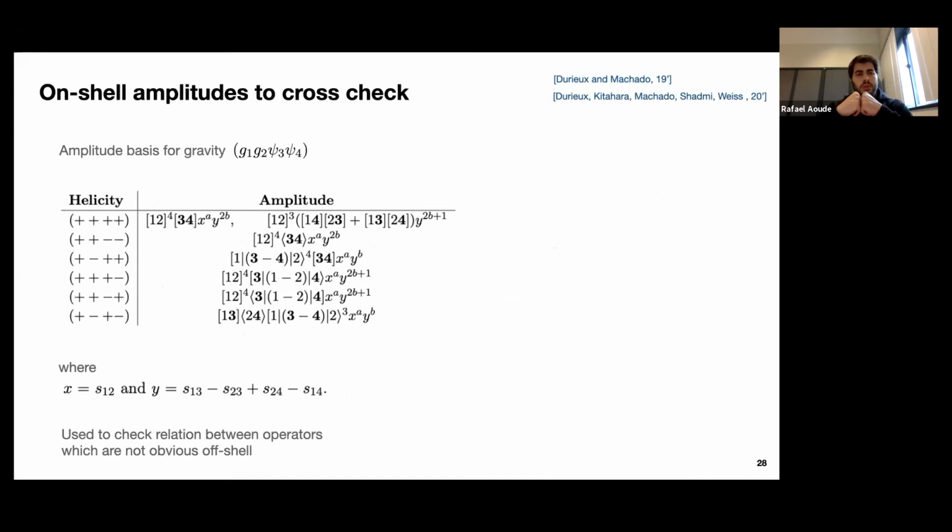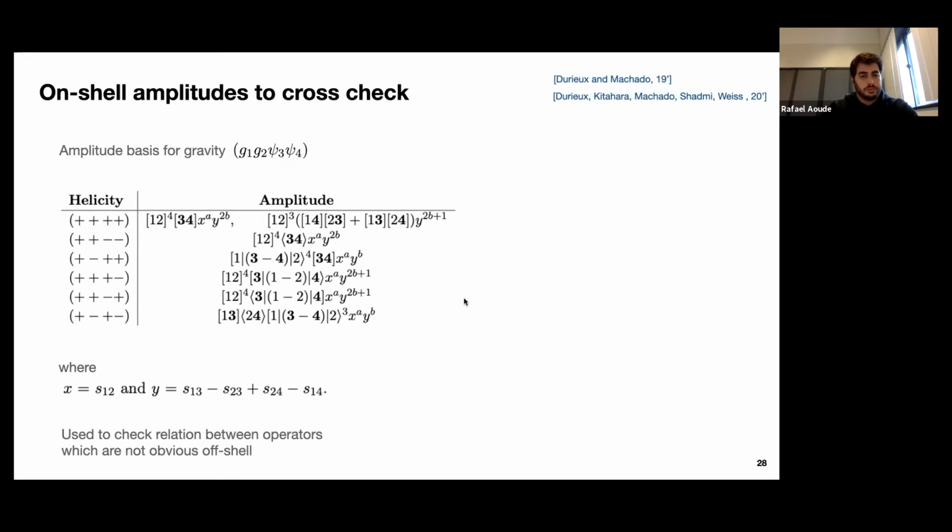So what we did is to build the amplitude basis for gravity. Yeah, I forgot to mention that it's also done for QED. But here we build the amplitude basis for gravity, where the helicities here are the helicities of the gravitons and of the fermions. And these are the possible terms that you can have in an amplitude basis.